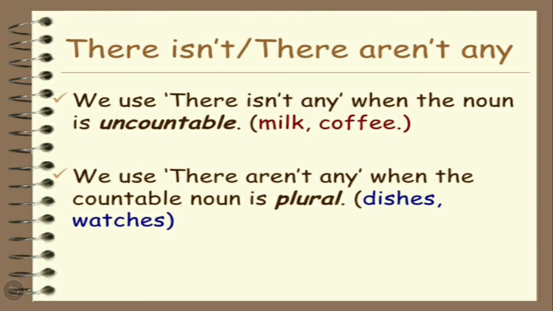So children, we use there isn't any when the noun is again uncountable. Like we all know, we can't count milk and we can't even count coffee. And we use there aren't any when the countable noun is plural, like dishes, watches. We can easily count the number of dishes or the number of watches.